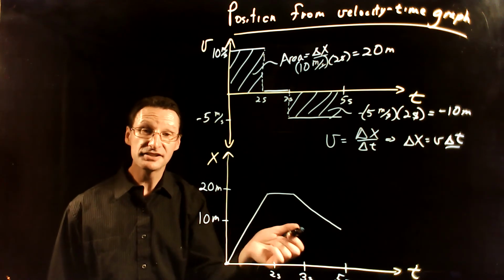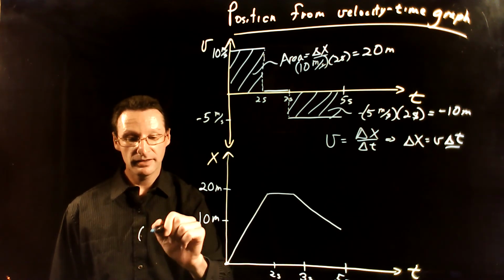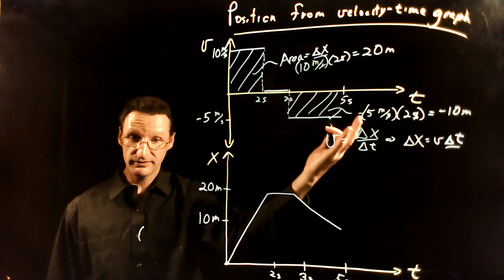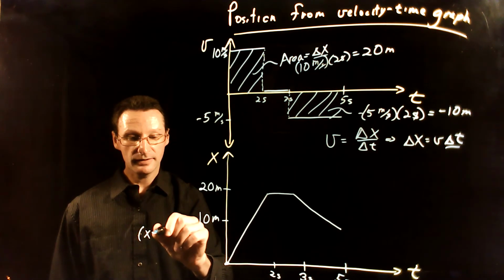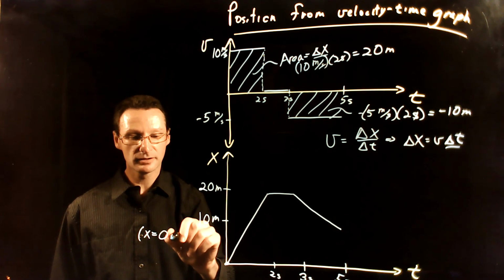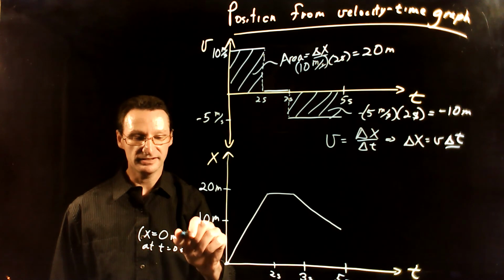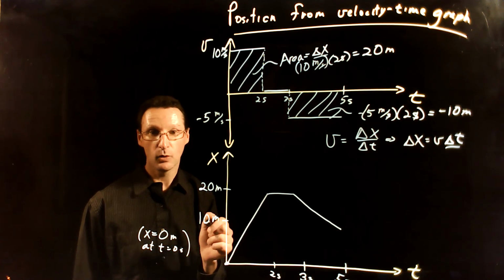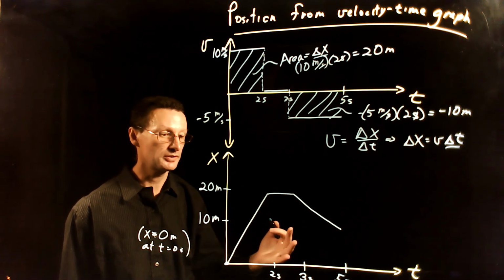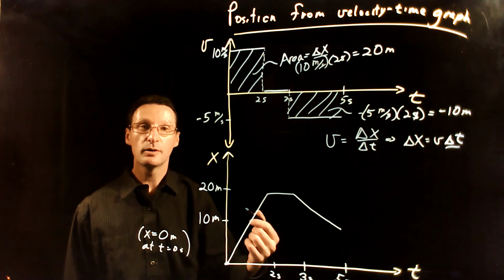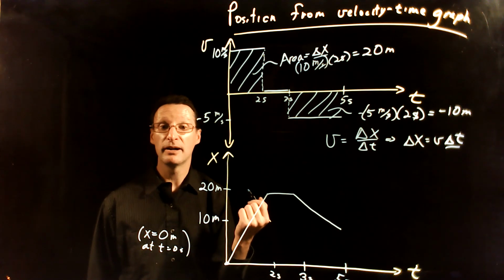I assumed it for this problem, but I wanted to bring this up at the end: whenever you're given a contrived problem like this one, the problem needs to give you a starting point, such as x equals 0 meters at t equals 0 seconds. Or you need to be told where you start and how far away from the origin. So this is how you get a position time graph from a velocity time graph.